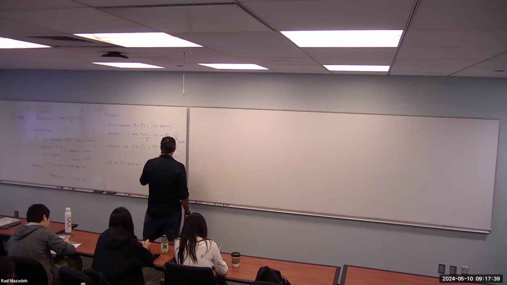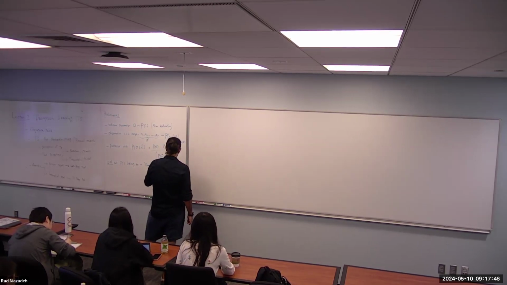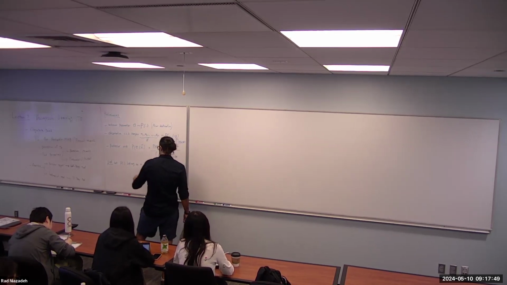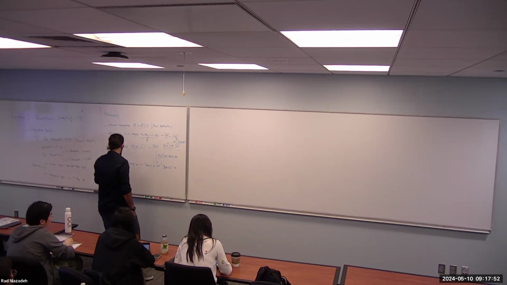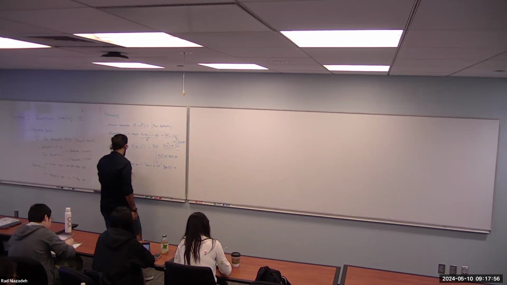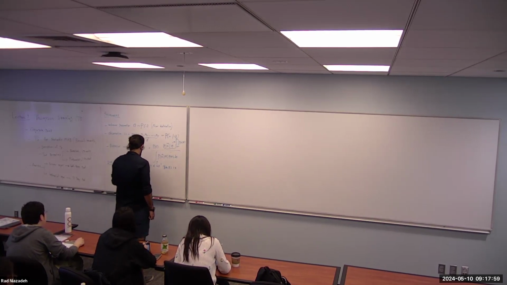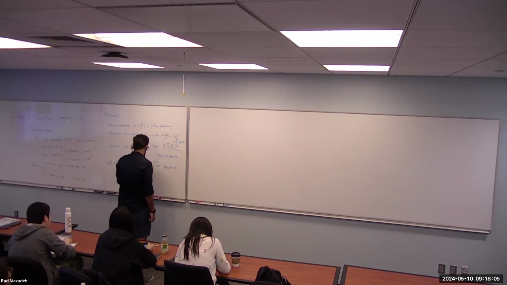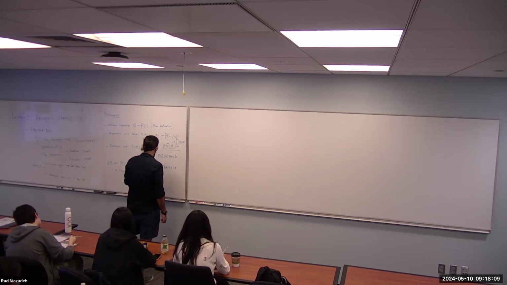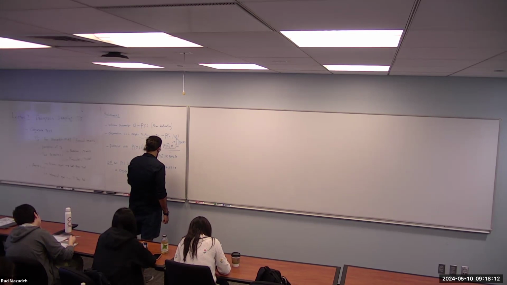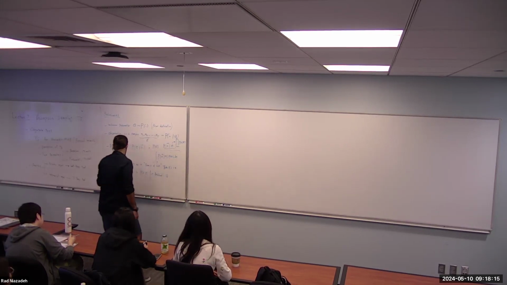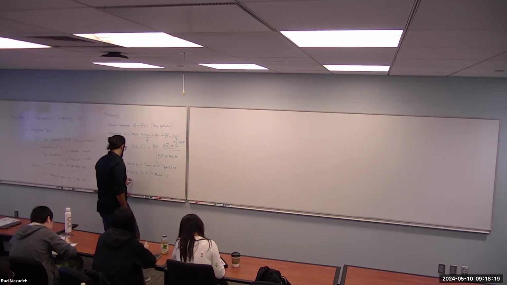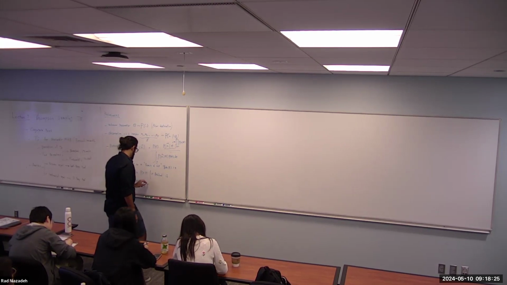Then we say pi is a conjugate prior to the likelihood function p of x conditional on theta if the posterior pi of theta conditional on x always belongs to the same family.